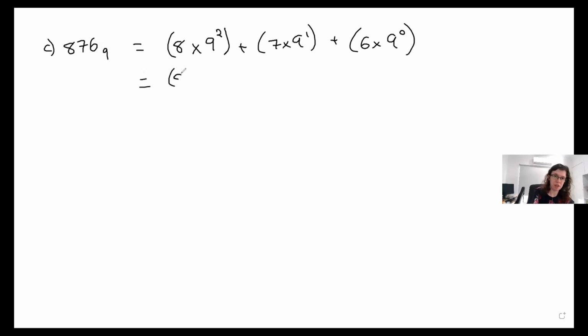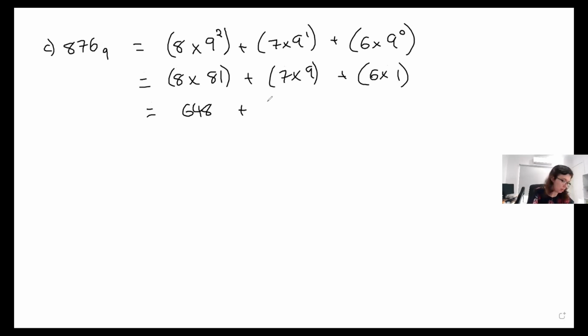So then we're going to have 8 times 81 plus 7 times 9 plus 6 times 1. So that's going to give us 648 plus 63 plus 6. And that gives us 717 with a base of 10.